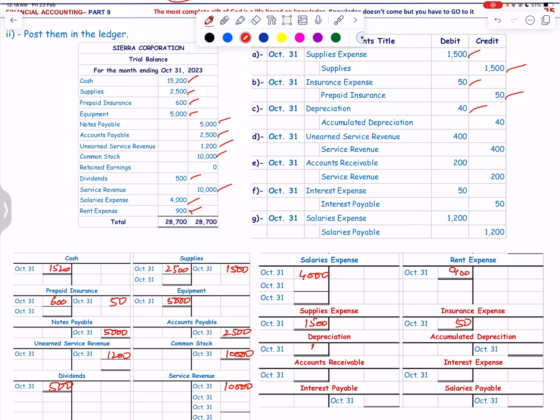Depreciation is 40. Accumulated depreciation is 40 again. Then unearned service revenue is debit by 400, and then service revenue is credit by 400. Accounts receivable is debit by 200.